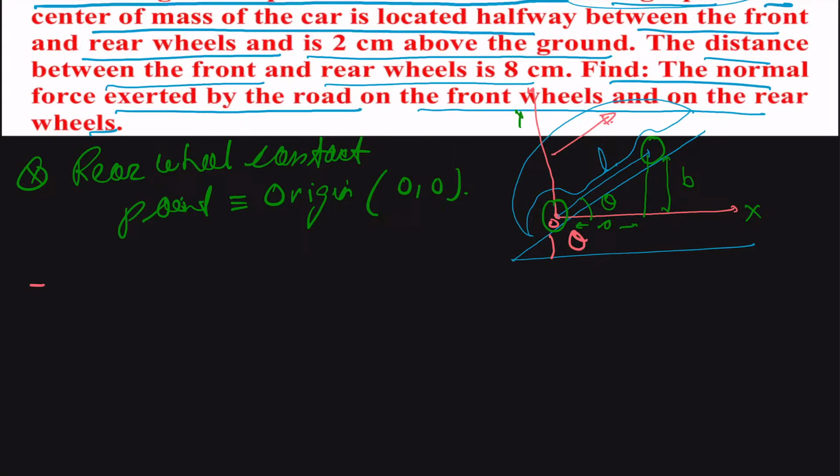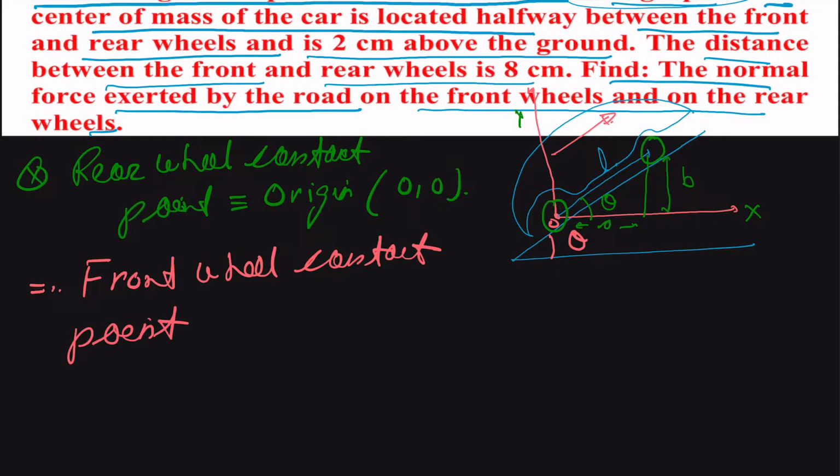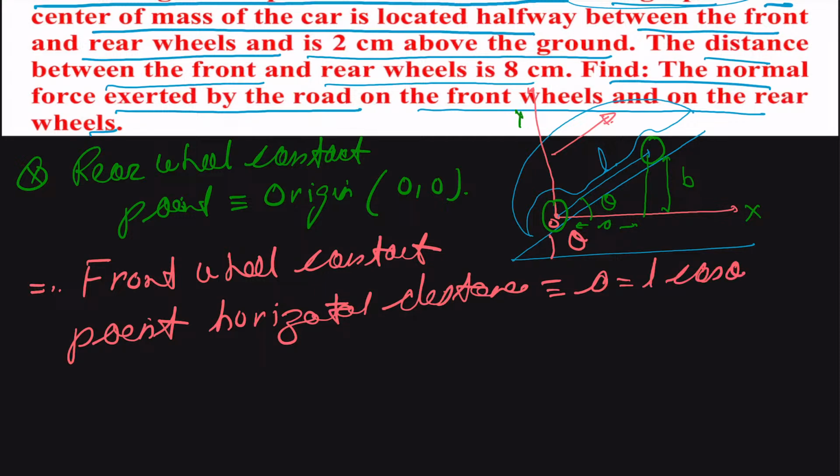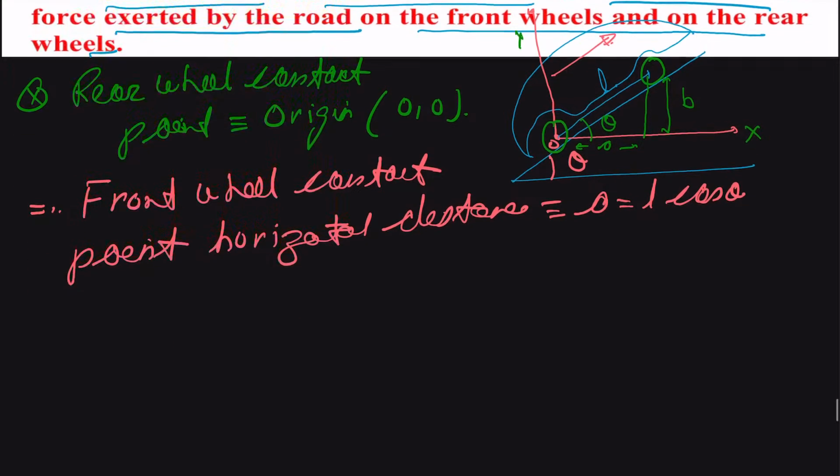So therefore we can say that the front wheel contact point horizontal distance, which we have called A, will be equal to L cos of theta, and this length is given as 8 cm.